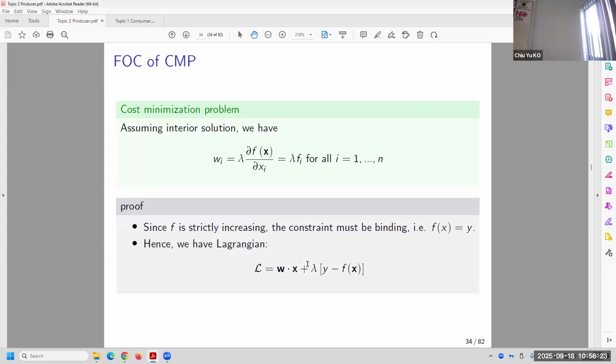The same here. But now it's the input price, and this is the marginal product from the production function. Before, it was the marginal utility and the price of output. Now it is the price of input and the marginal product, the same thing, right? And because this is the same as this guy, and this must be binding, you change the inequality to equality, right?